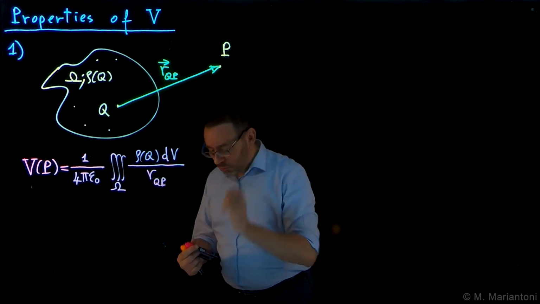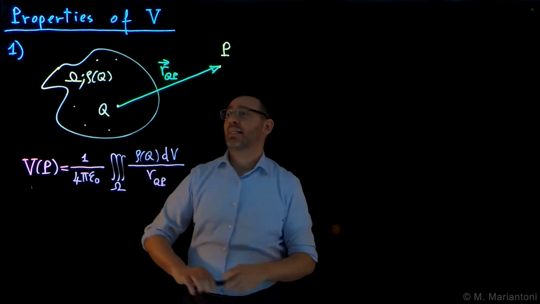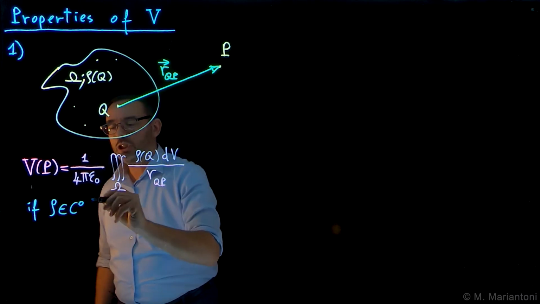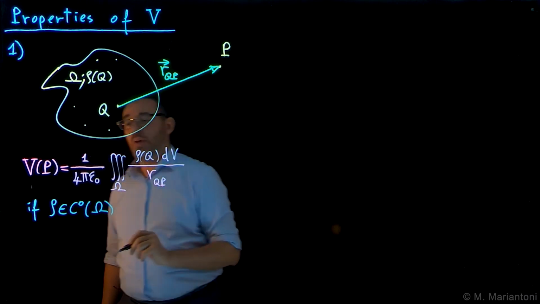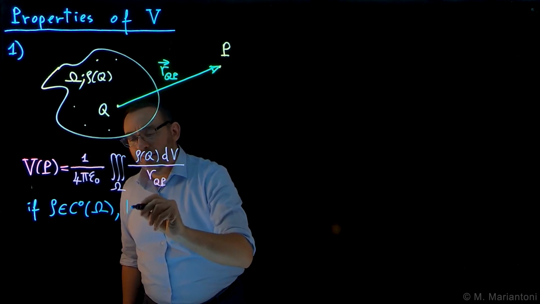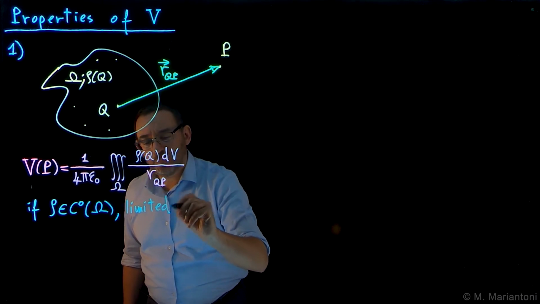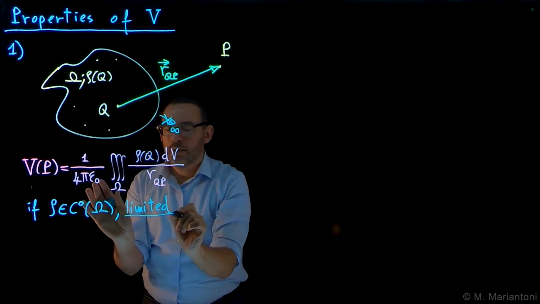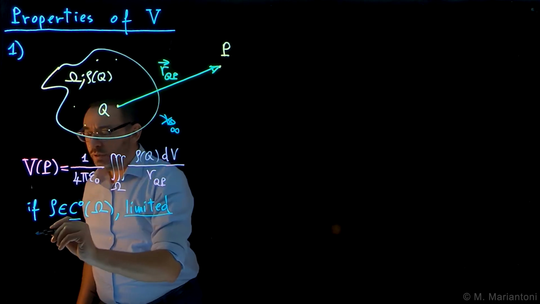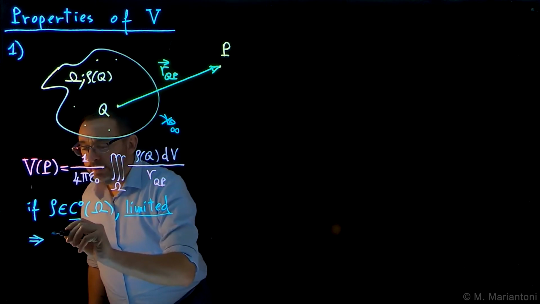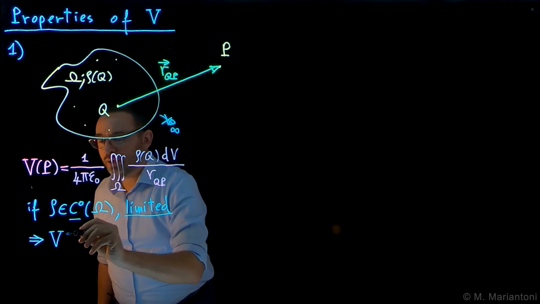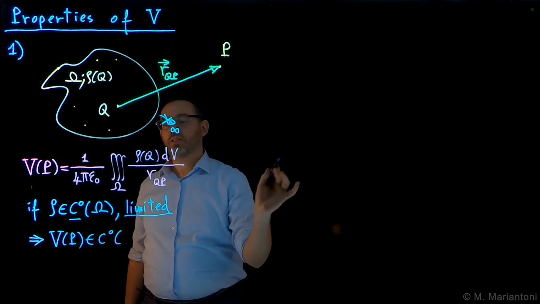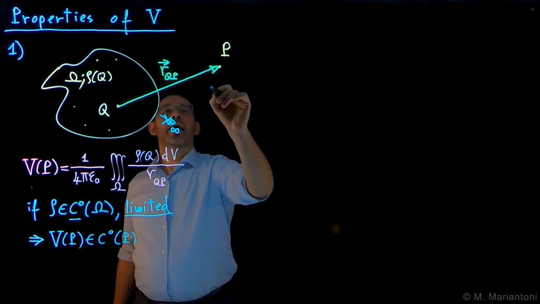The first rule tells us that if it so happens that ρ is a continuous function C0 in the region capital Omega, and in addition it is also limited, that is, this region of space does not go to infinity, it's finite, so it's continuous and limited, then it follows that the electrostatic potential function V at any point capital P in space is also a continuous function everywhere in space, anywhere you want.